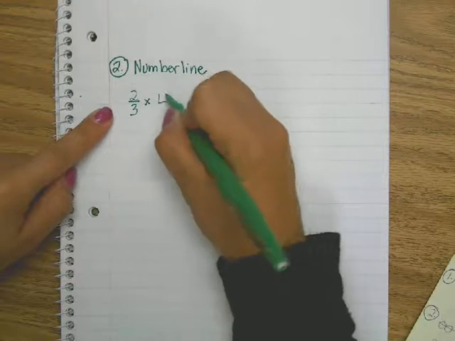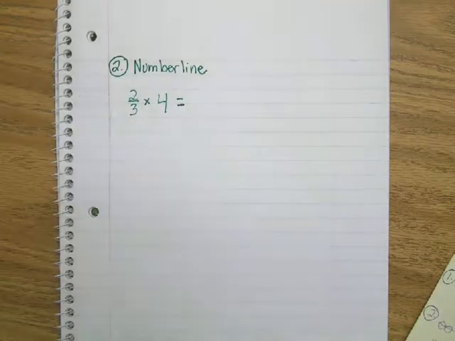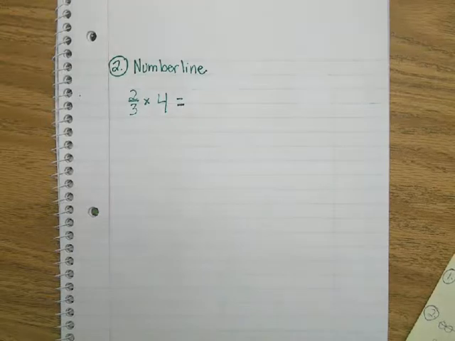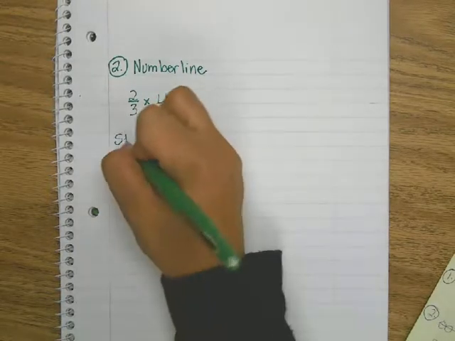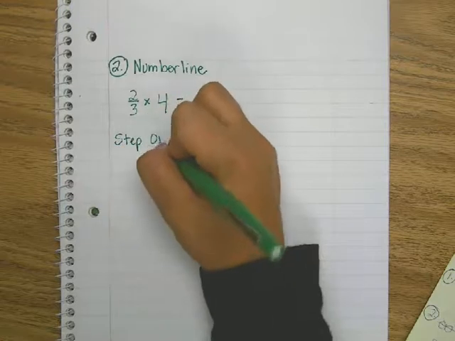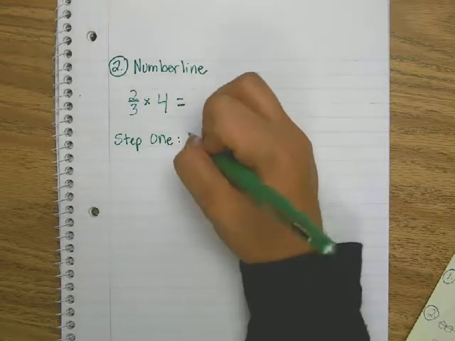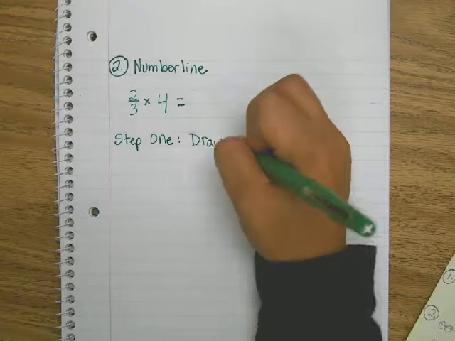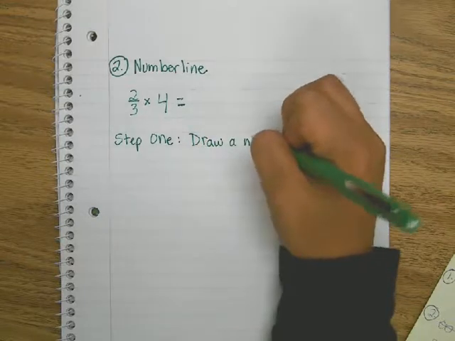So 1, you're going to draw a number line according to the whole number.